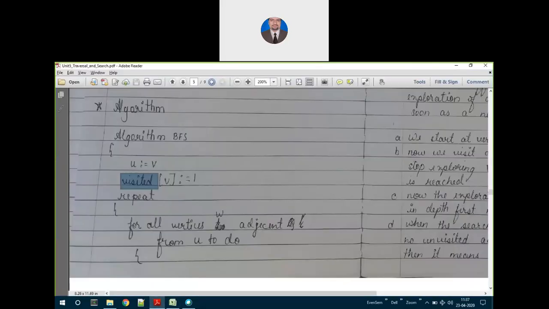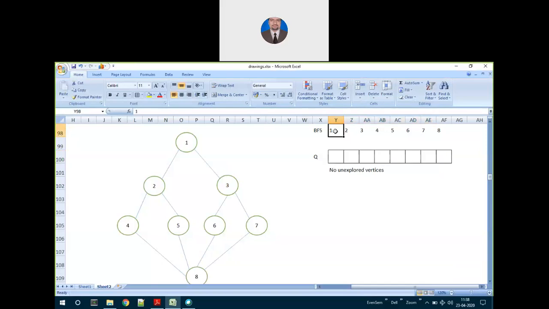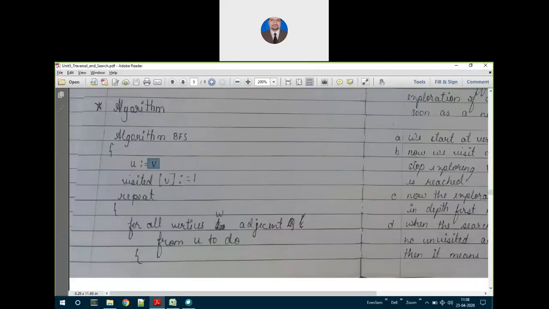Initially, I will start from one particular vertex, that vertex v. In the example, I started with vertex 1, so I will consider v as visited, and add that v into my BFS, the visited array.